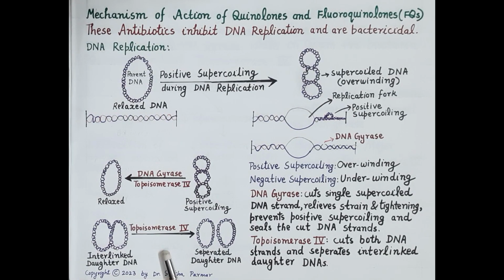Now quinolones as well as fluoroquinolones primarily inhibit bacterial DNA gyrase in gram-negative bacteria and prevent DNA replication, thereby producing bactericidal action. While in gram-positive bacteria, fluoroquinolones mainly inhibit topoisomerase 4.